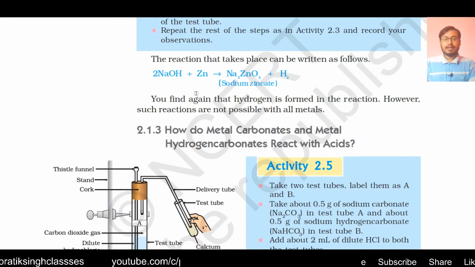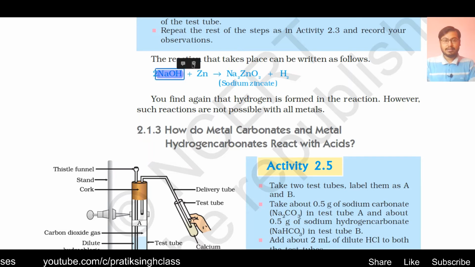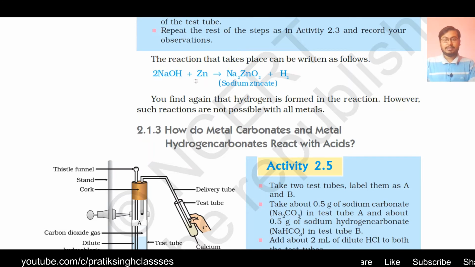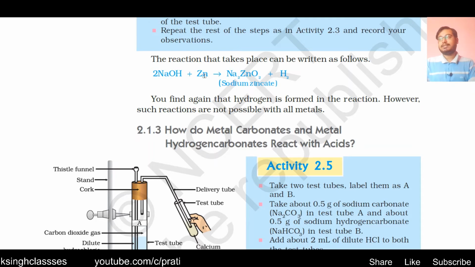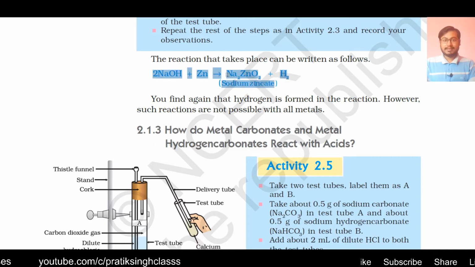That means here sodium hydroxide is being oxidized, and zinc reacts with NaOH and makes Na2ZnO2. So here zinc gets some electrons, so it is being reduced. About oxidation and reduction we will see again in unit 3.